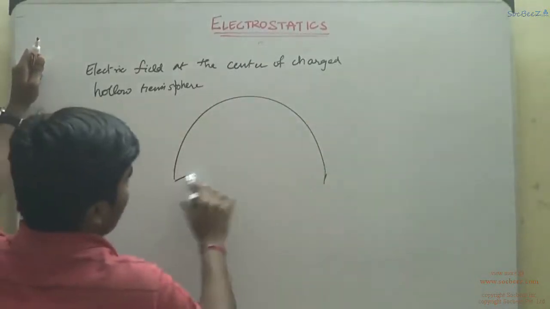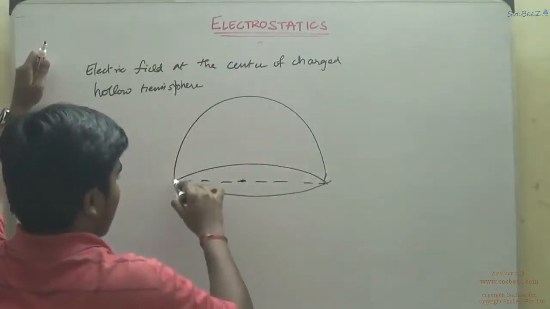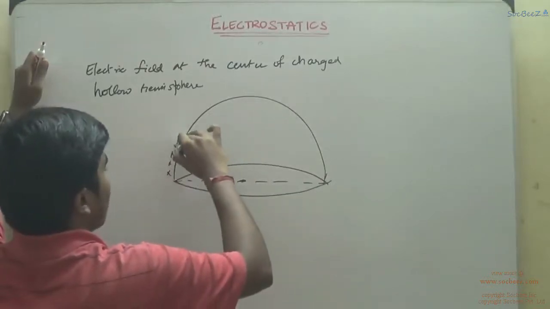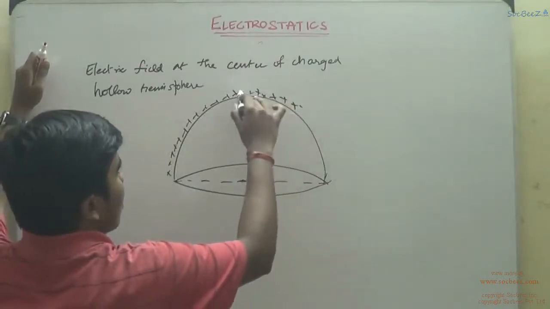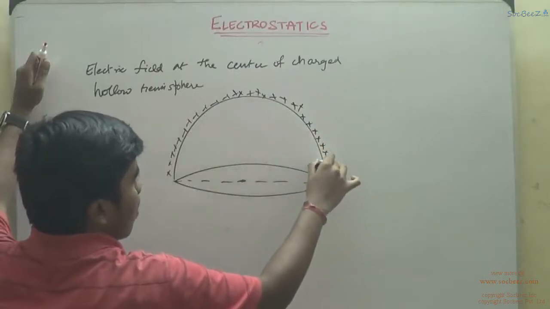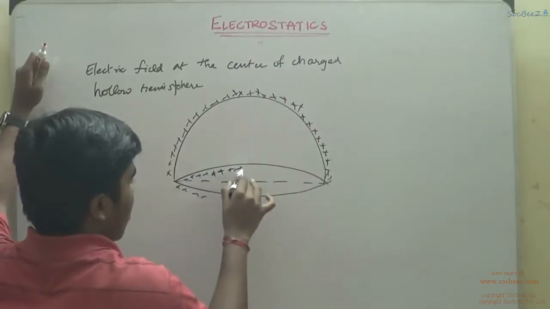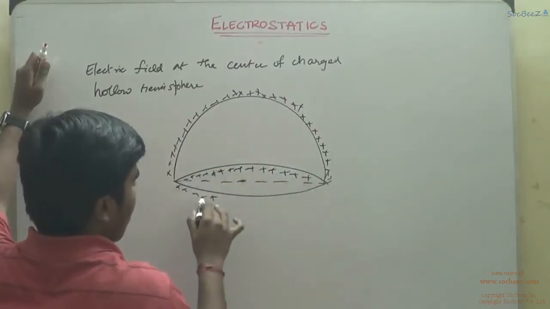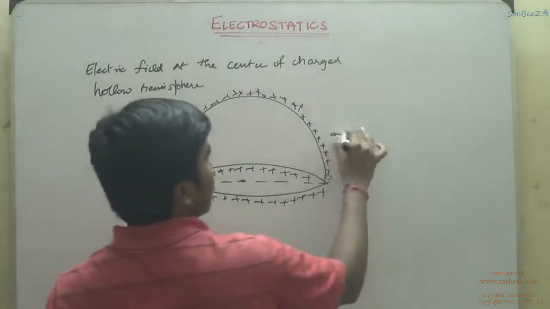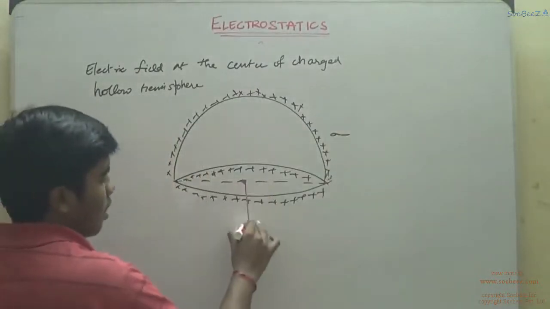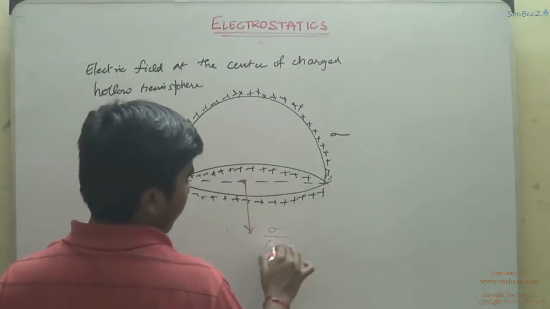So if the hemisphere is completely charged with the surface charge density to be sigma, then the net electric field at the center would be directed away from the body, perpendicular to it, and its value will be sigma by 4 epsilon naught.